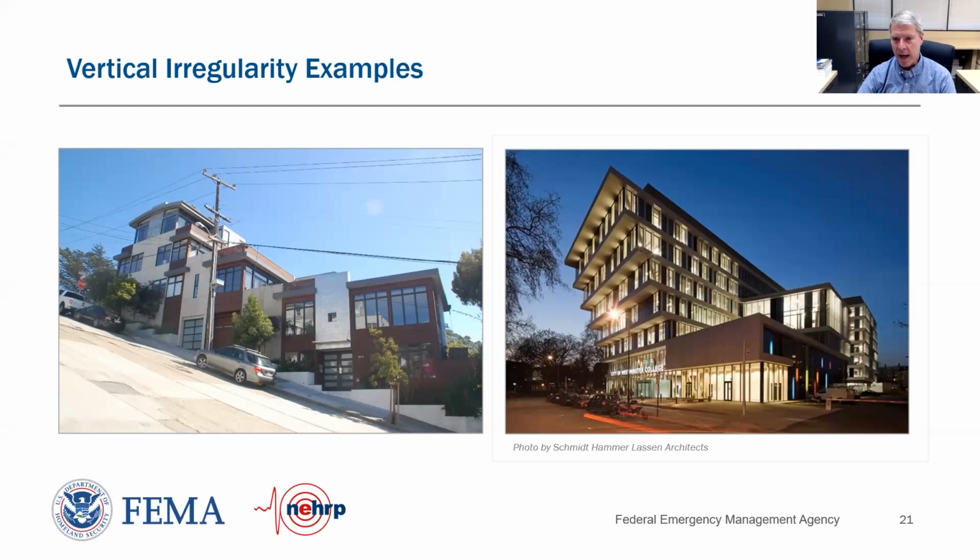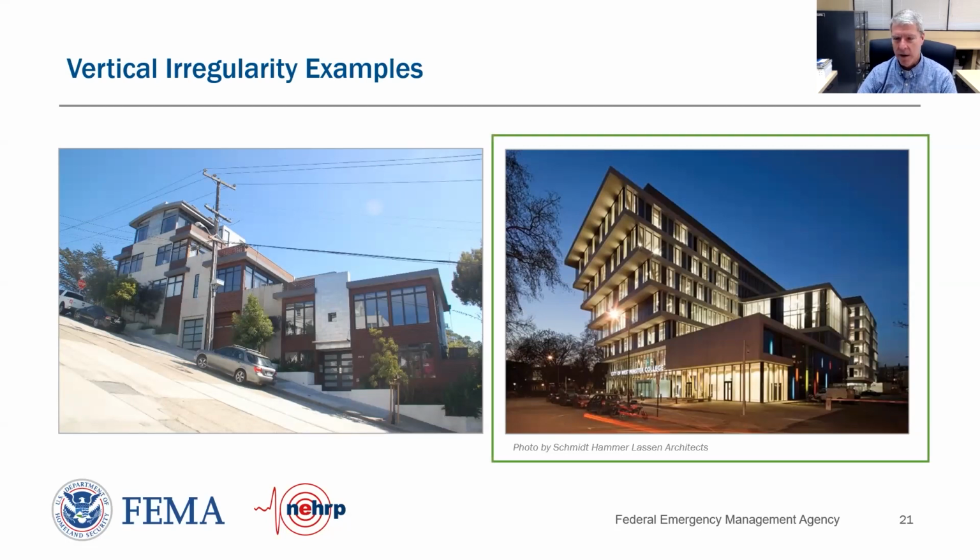The photograph on the right, I like to call, it's an architect gone wild. This has a series of vertical irregularities associated with this building. We have out of plane setback. We have in plane setbacks. And we've got some sections of each of these subsequent floors above cantilevering further out along the edge of one of the walls.